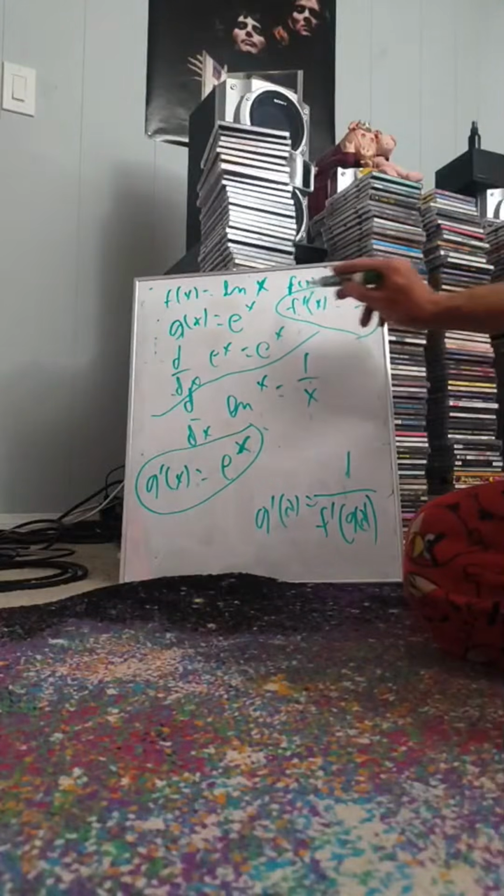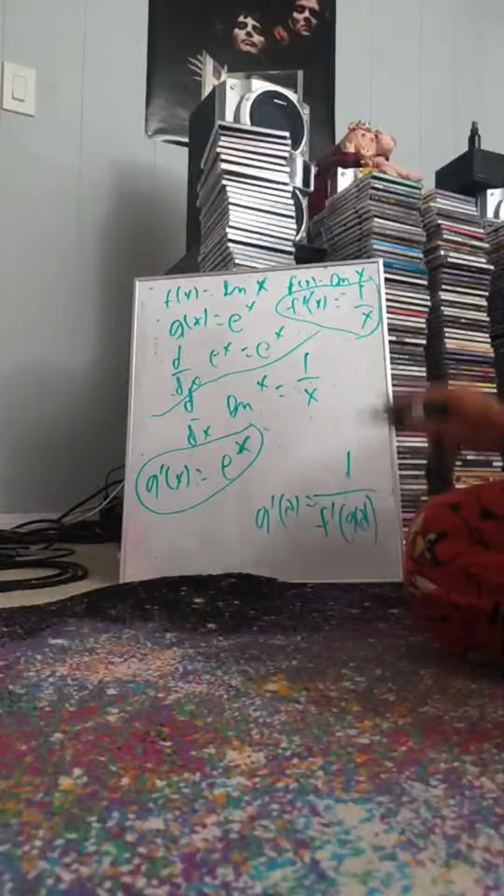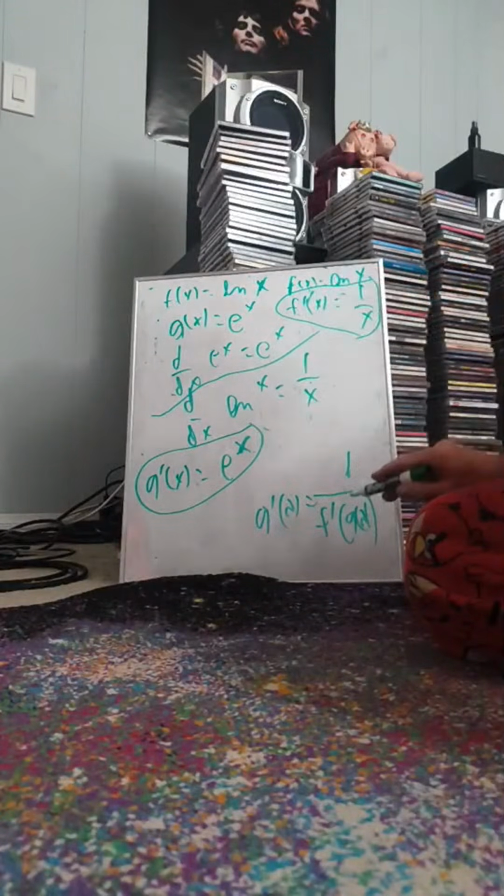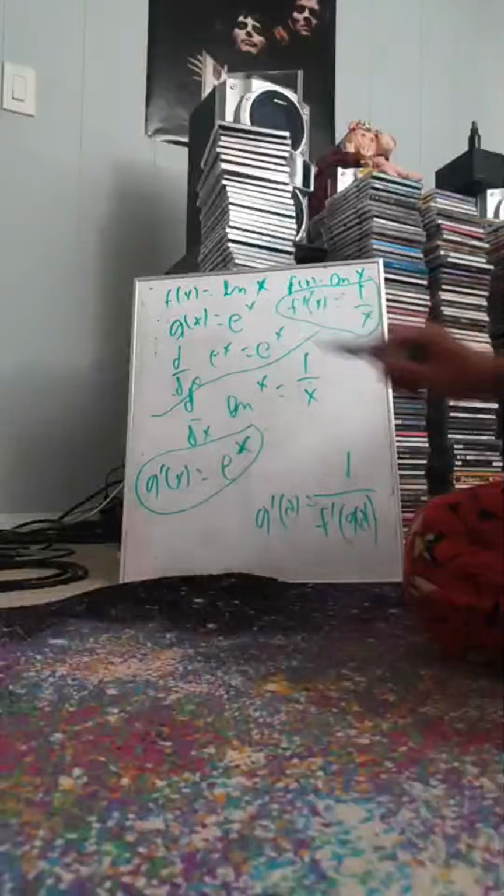But you want f prime of g of x. What's g of x? e to the x.